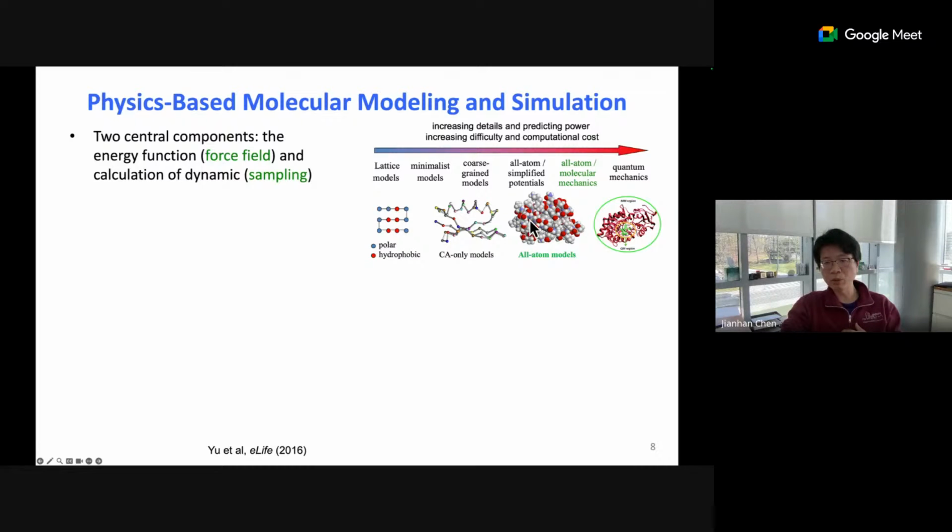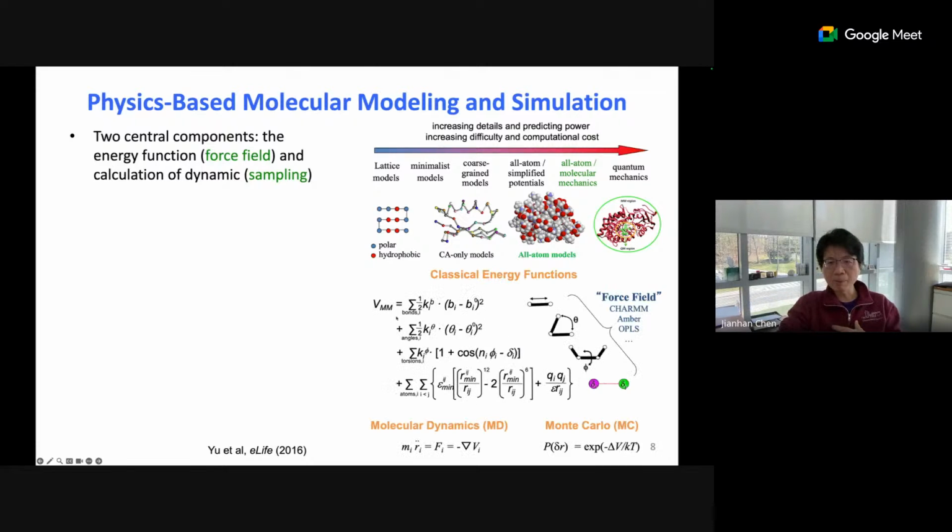The more typical model is the so-called all-atom model, where we represent each atom in a molecule explicitly. Of course, if you want to look at an enzyme reaction, you can use even higher resolution. You can start to describe valence electrons, so that you can study chemical reactions.